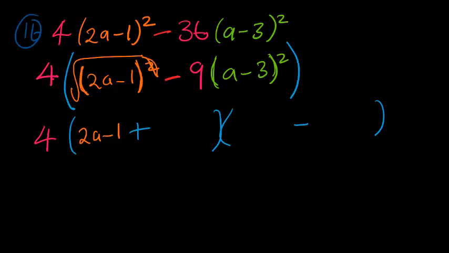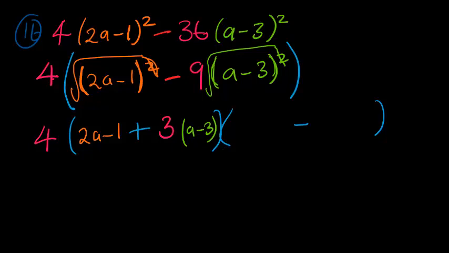Then we're going to do the 9. The square root of 9 is 3. And the square root of the second bracket, again, is going to be (a − 3). And we keep the brackets there because we need to multiply that 3 in.